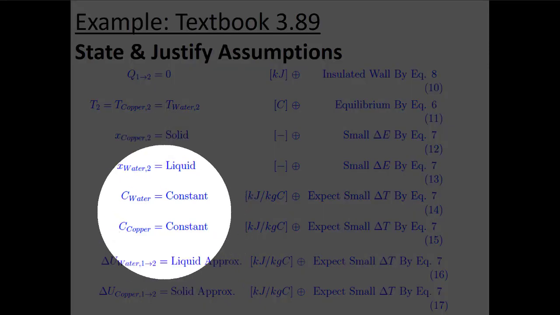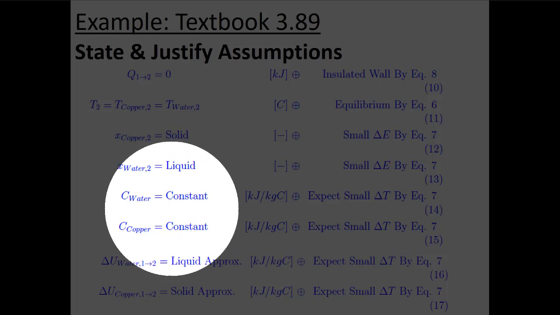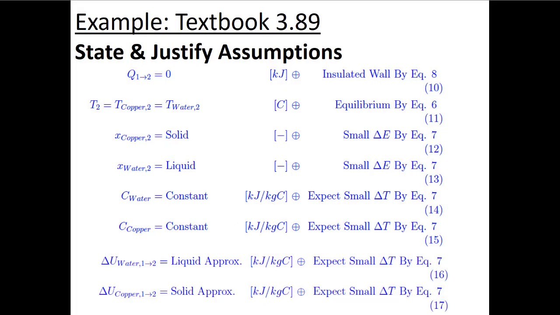I'm also going to assume that my specific heats are relatively constant here. I think this is a reasonable assumption, first, because I'm expecting the temperature changes to be small. The thing about assuming constant specific heats is that the assumption gets worse the bigger the temperature difference you have. Here, if the liquid is not going to boil and the maximum temperature is about 50 degrees, I'm assuming a temperature change of about 50 degrees.